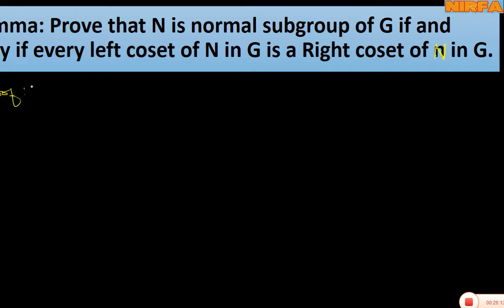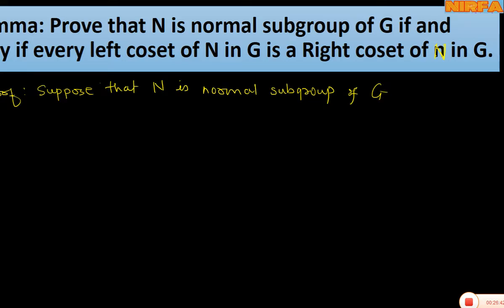So first of all, suppose that N is a normal subgroup of G. Now once we suppose that N is a normal subgroup of G, we may use the definition of normal subgroup, or we may take the result from the previous lemma.